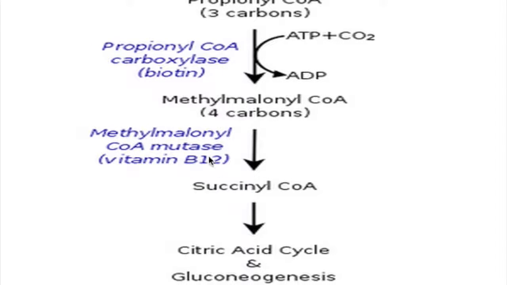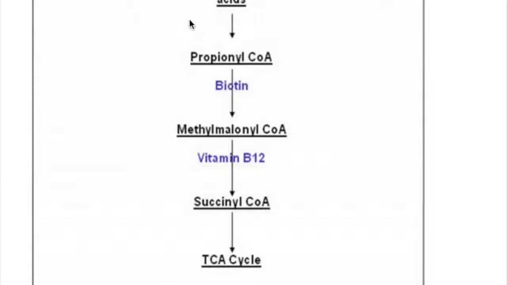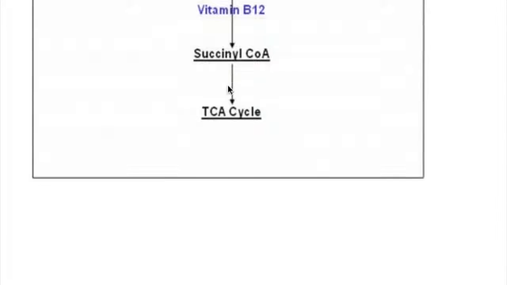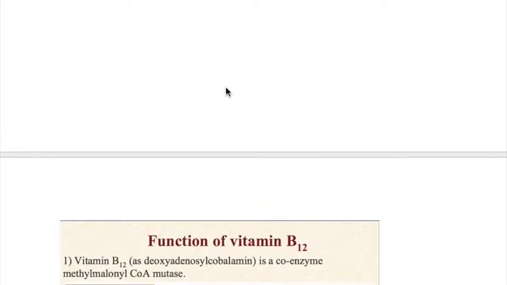Deficiency of vitamin B12 prevents the conversion of methylmalonyl-CoA to succinyl-CoA, leading to excess of methylmalonyl-CoA, or methylmalonyl aciduria. So this is the other picture. Valine, isoleucine, methionine, threonine, and odd chain fatty acids are converted to propionyl-CoA, and then biotin is required for the conversion of this propionyl-CoA to methylmalonyl-CoA, and that requires B12 for conversion to succinyl-CoA to join the TCA cycle.